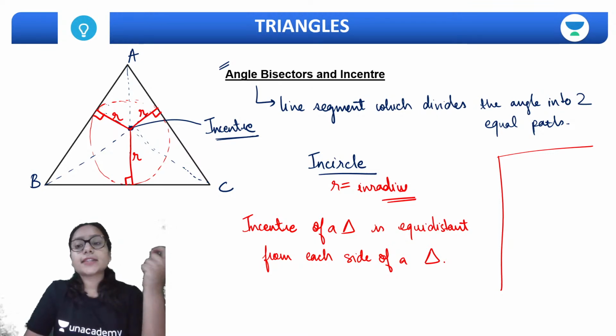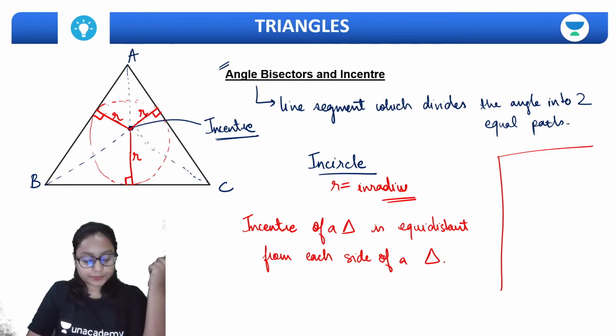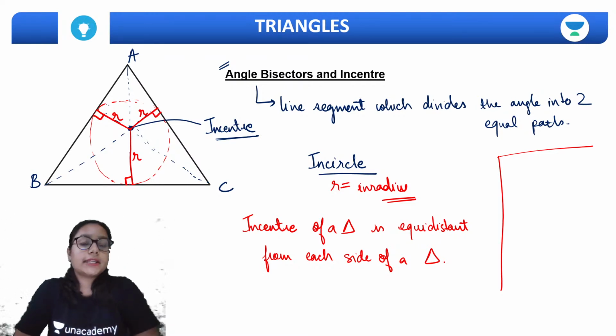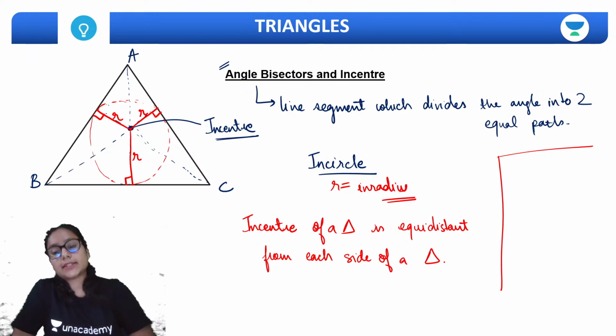Correct. What is a circumcenter? The circumcenter is the point of intersection of perpendicular bisectors.